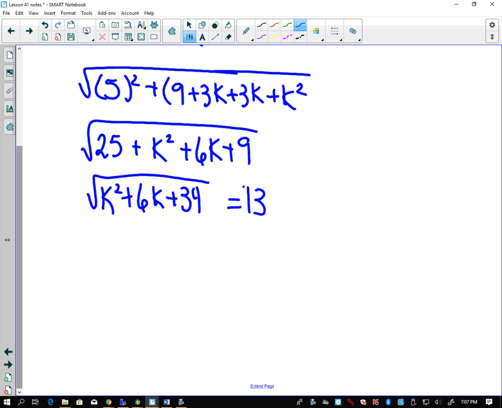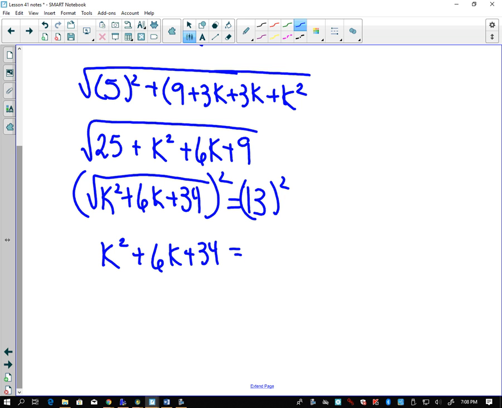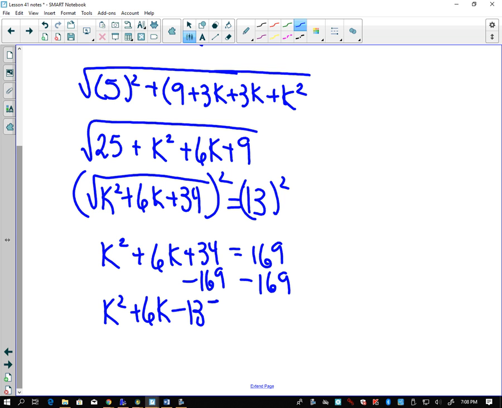A really good way to get rid of a square root is to square both sides. That gives me k squared plus 6k plus 34 equals 13 squared, which is 169. I subtract 169, and 34 minus 169 gives me negative 135.